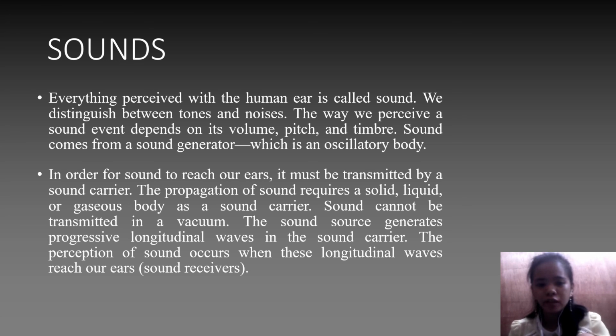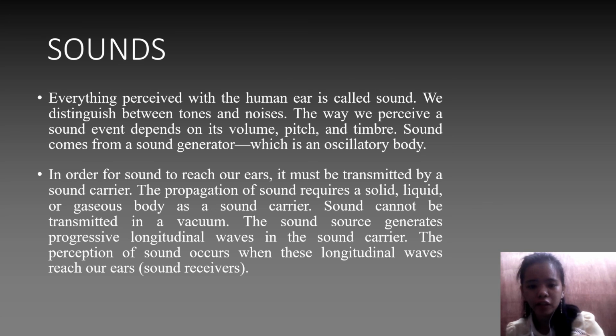Next is sound. Everything perceived with the human ears is called sound. We distinguish between tones and noises. The way we perceive a sound event depends on its volume, pitch, and timbre. Sounds come from a sound generator, which is an oscillatory body. In order for sounds to reach our ears, they must be transmitted by a sound carrier.